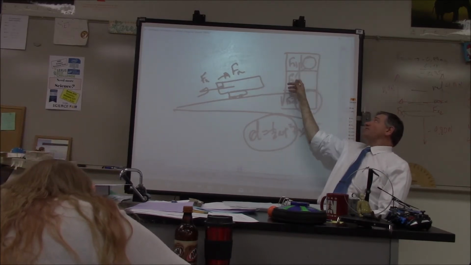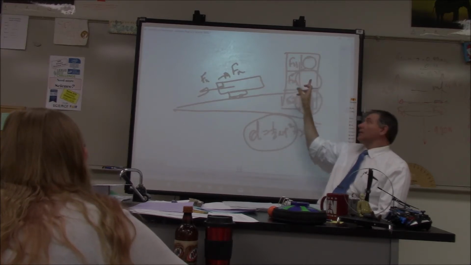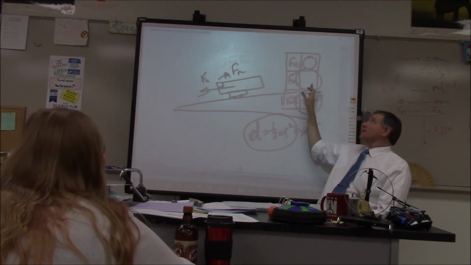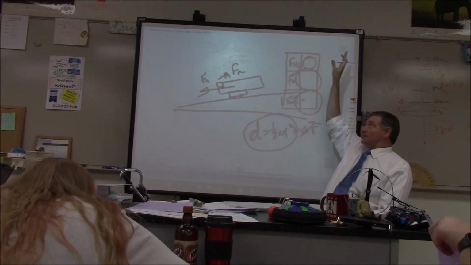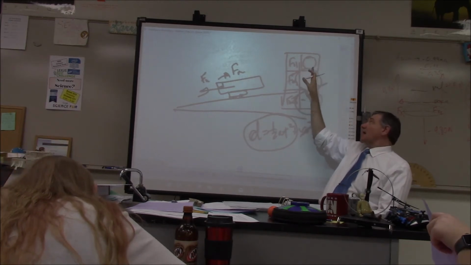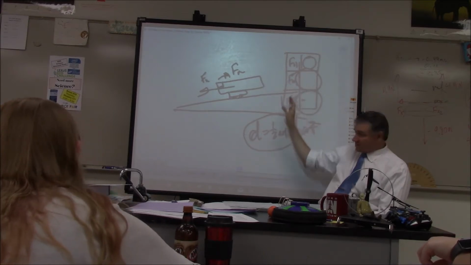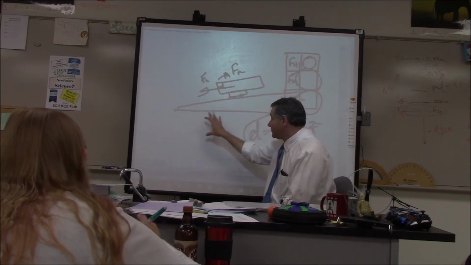What you're going to solve for is this number. So this is going to become your unknown. So this is going to be your mass times your actual acceleration. This is going to be your force parallel that you had up above, that you already found on the other side. And this is going to be your missing number. Okay? This is going to be your missing number. So you're going to draw a vector diagram for this one.